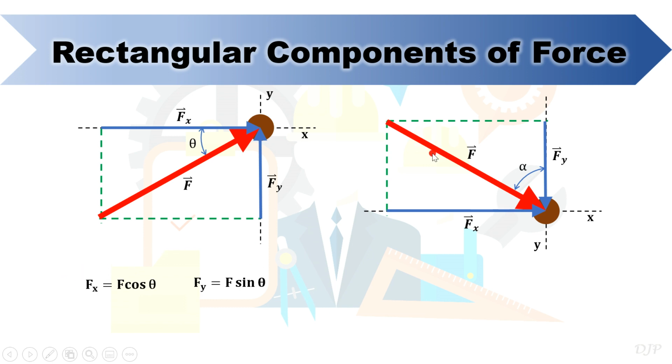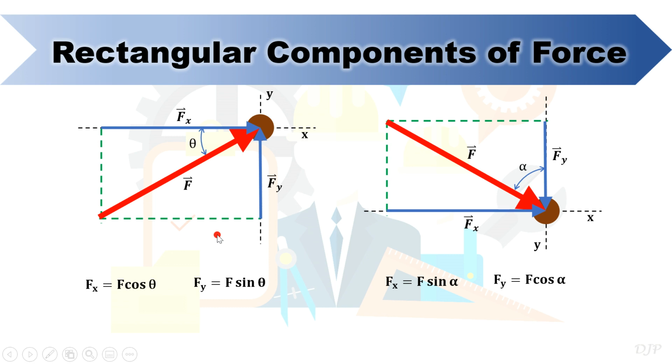On the left side, the given angle alpha is with respect to the vertical. So applying trigonometry, its components should be expressed as follows. Take note of the difference between these two figures about their needed formulas.